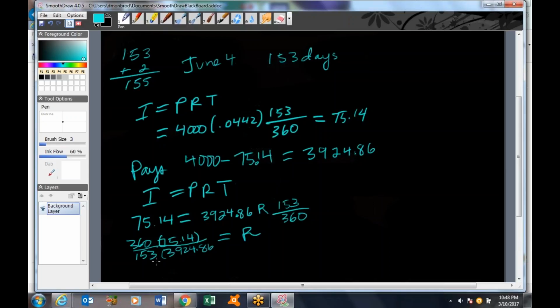And when you do that, you're going to get in here 0.045046. That's approximately R. So we can say that that's 4.50%, to the nearest hundredth of a percent.